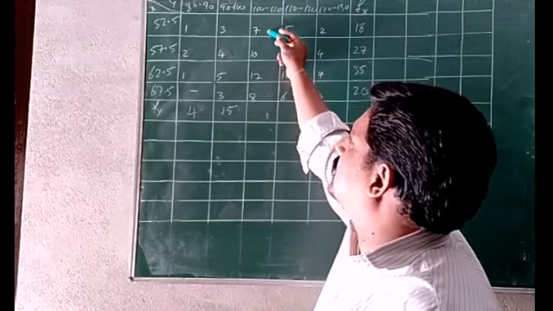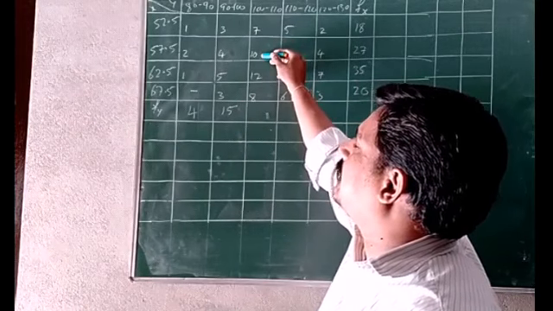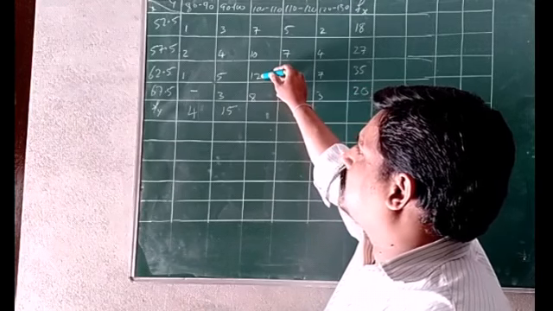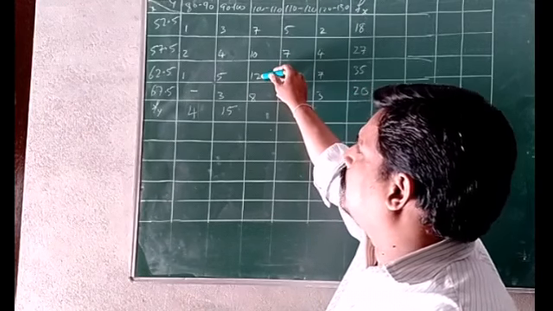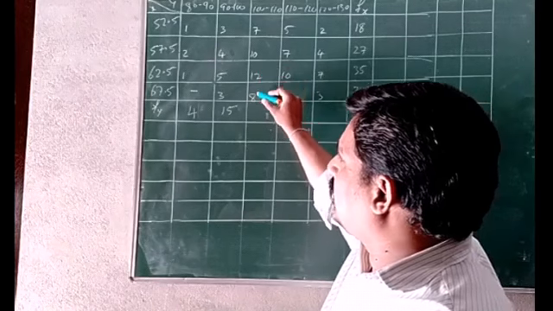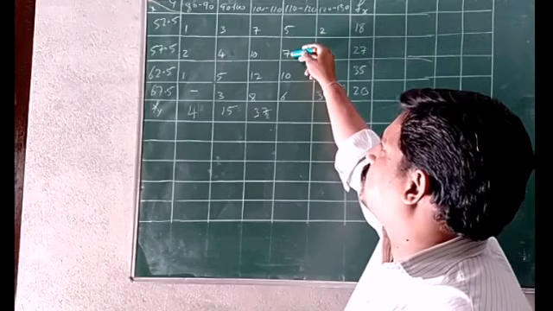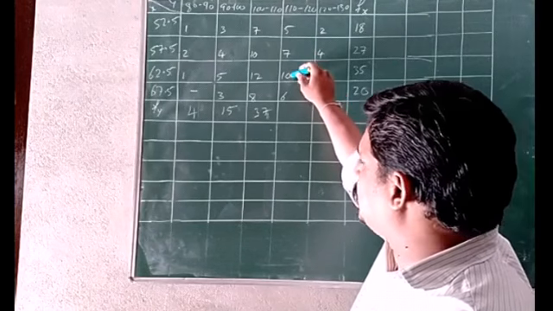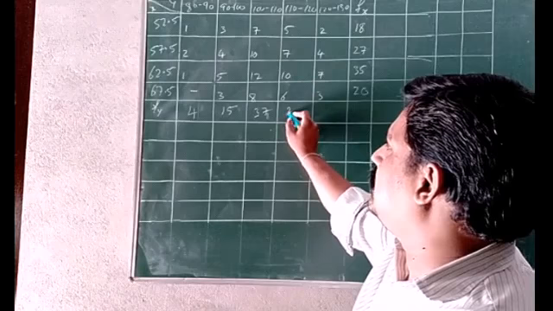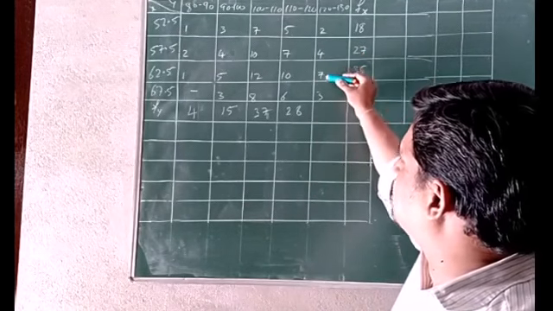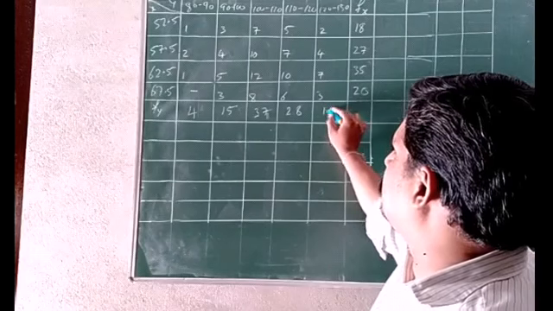Next 7 plus 10, 17, 17 plus 12, 29, 29 plus 8, 37. Next 7 plus 5, 12, 12 plus 10, 22, 22 plus 6, 28. And here 2 plus 4, 6, 6 plus 10, 16.